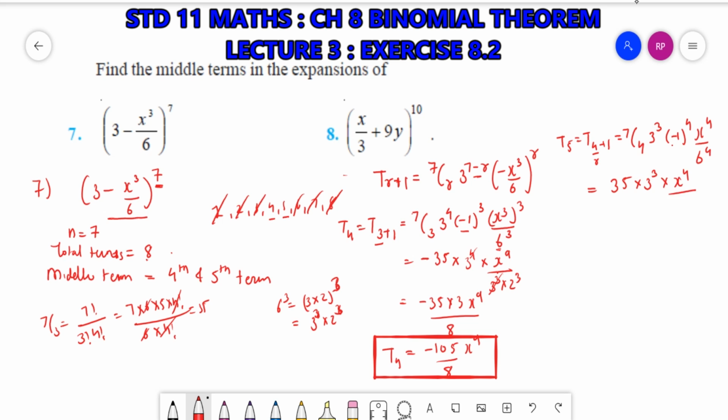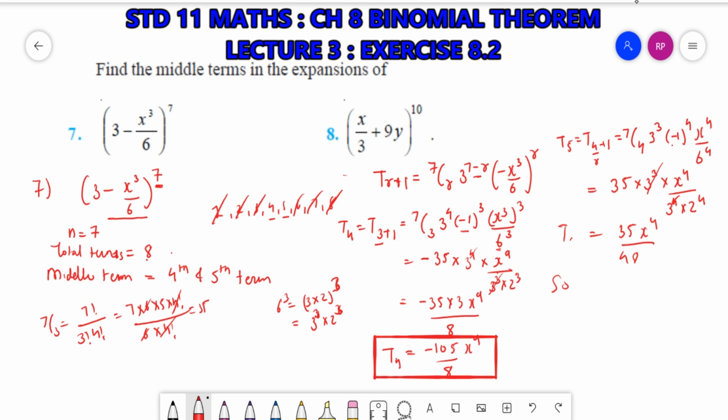Minus 1 raised to 4, that will be plus 1 into 3 cube into x raised to 4. Now similarly 6 raised to 4, I can write as 3 raised to 4 into 2 raised to 4. Okay, so 3 cube will get cancelled here. So 35 x raised to 4. 2 raised to 4 is 16, and multiplied by 3, that will be equal to 48.